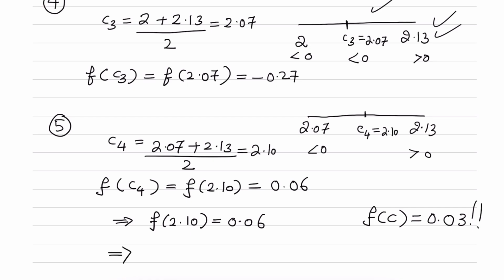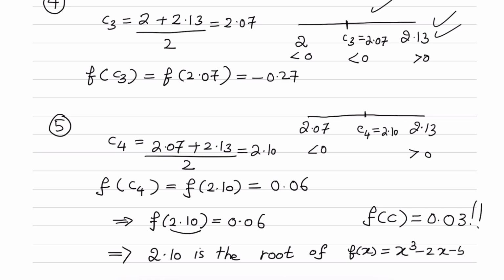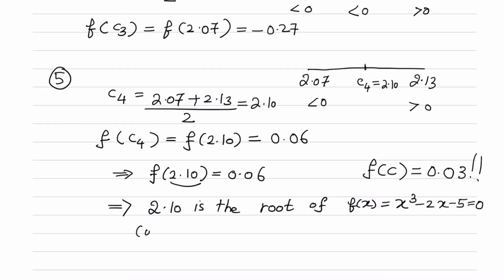So we will say this number 2.10 is the root of the equation f of x equals x cubed minus 2x minus 5 equals 0, but correct to one decimal place.